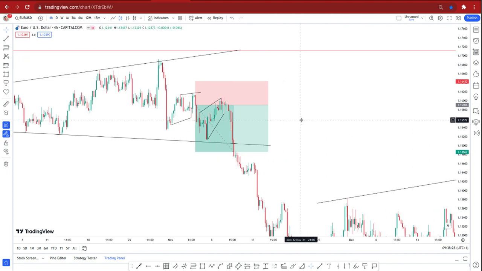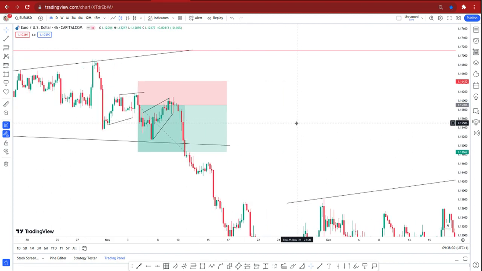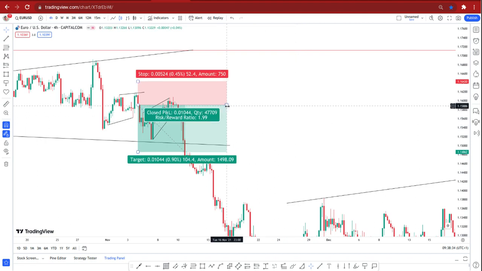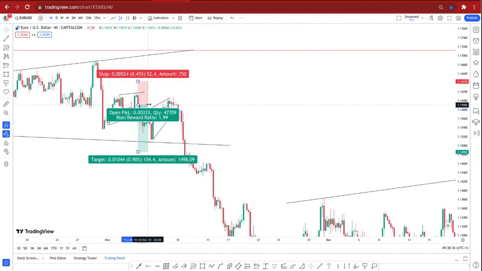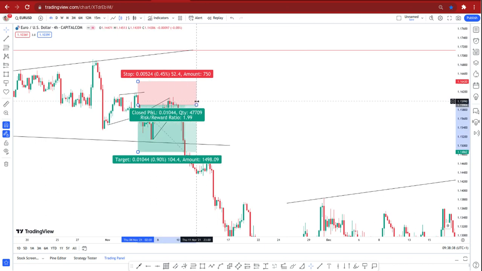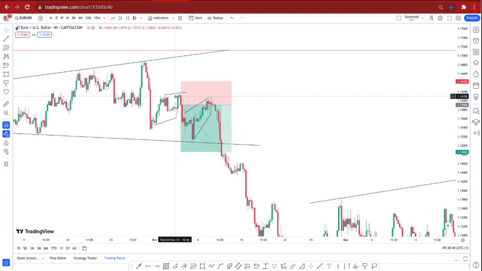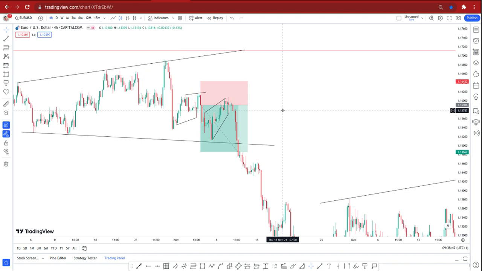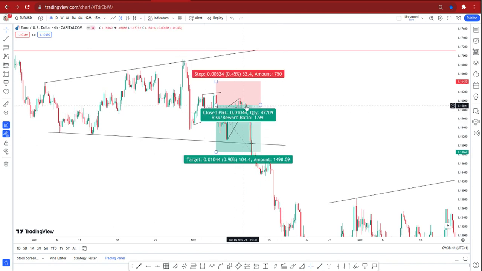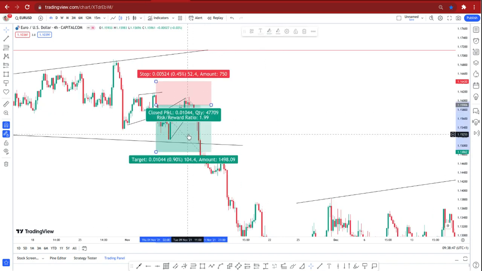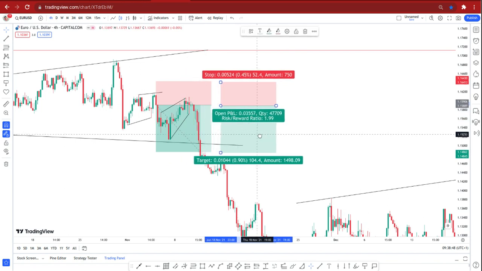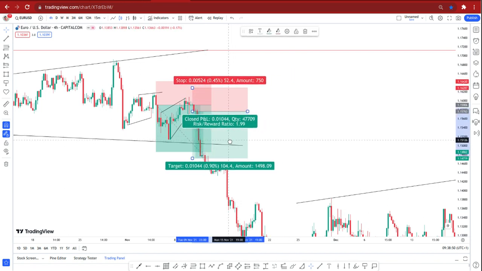Most times you might not get all the entries, but the more back testing you do, remember this zone here was my entry. Price tends to come back to entry a lot. It's fine. So here would have been another entry on this candle, this strong.